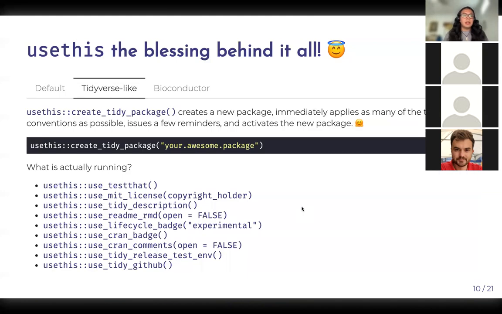Use usethis::create_tidy_package. So behind the scenes, you are going to create a testthat folder, include a license, a tidy DESCRIPTION, a README, and things like that. So it is also going to link your project with a GitHub project. That's good since you don't need to worry about another thing that you probably don't want to do manually.